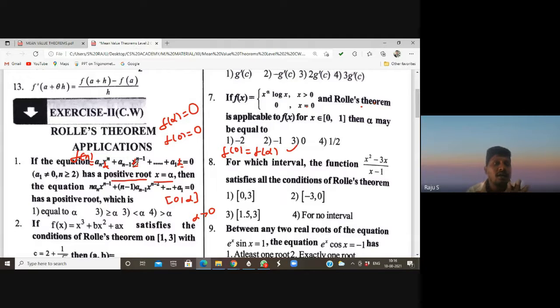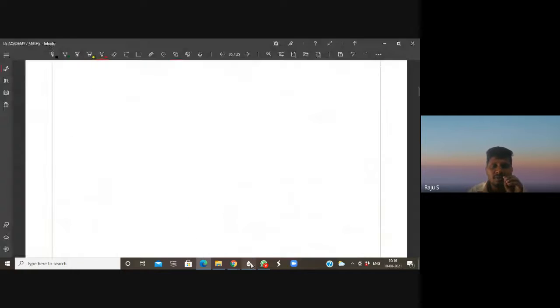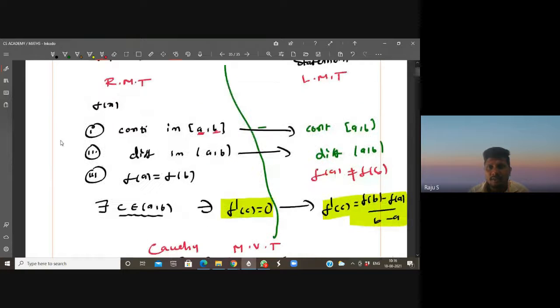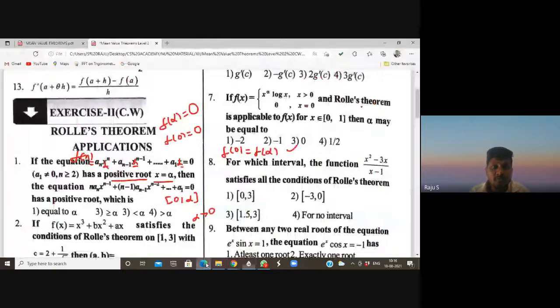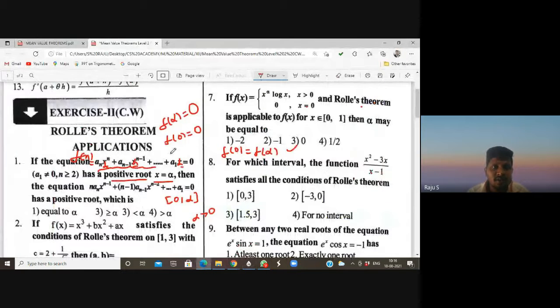The third condition of Rolle's theorem is satisfied, because the first two conditions are always true. The function is a polynomial.